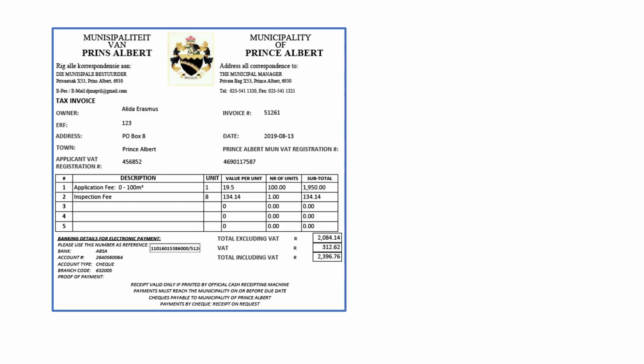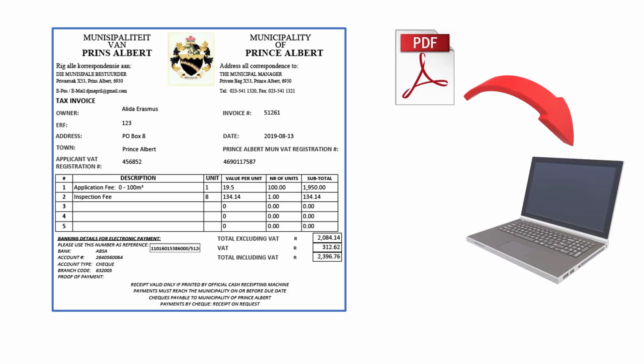Should you experience the document not opening, please check your browser settings. The Pro Forma invoice document should open as a PDF and not in your browser. Please also make sure you have the latest version of Adobe on your computer. Alternatively, try saving your Pro Forma invoice on your computer before opening it.